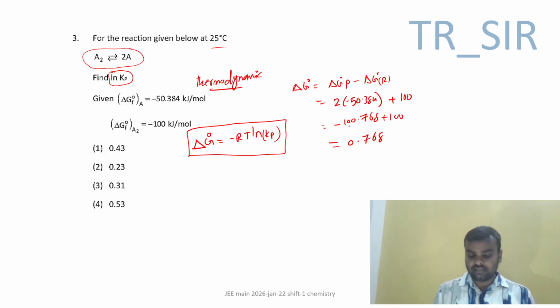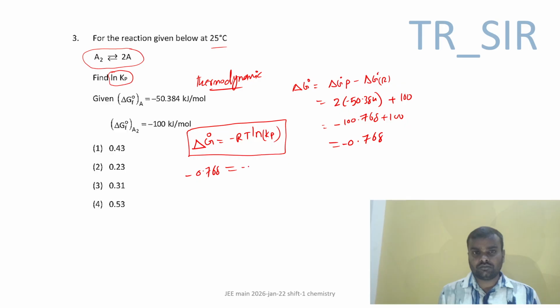After getting this, substitute it directly. Minus 0.768 is equal to minus R value. Take R as 8.314, but this value you got is in kilojoule per mole, so R should also be taken in kilojoules.